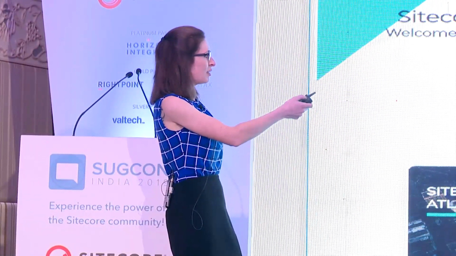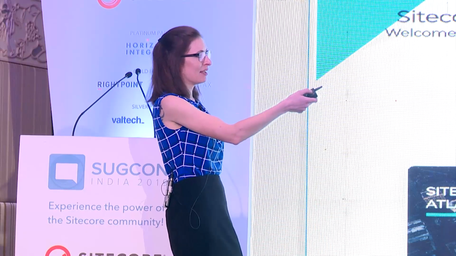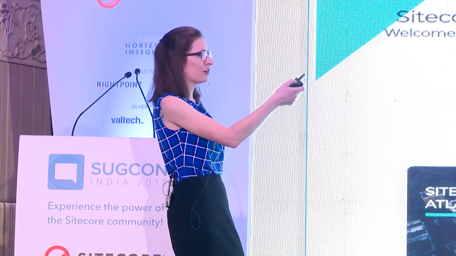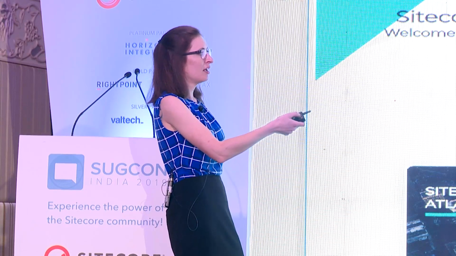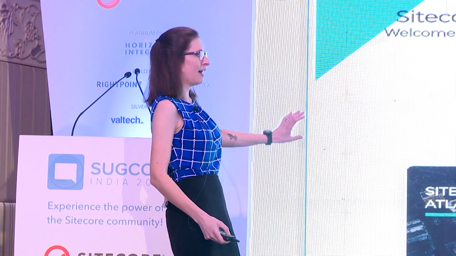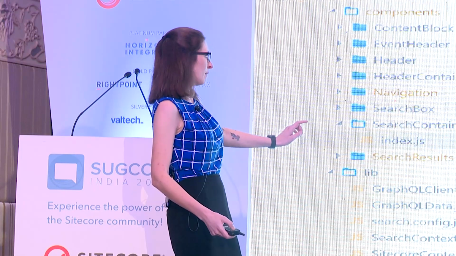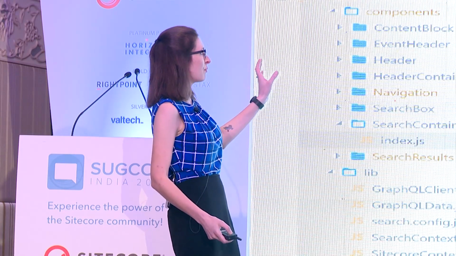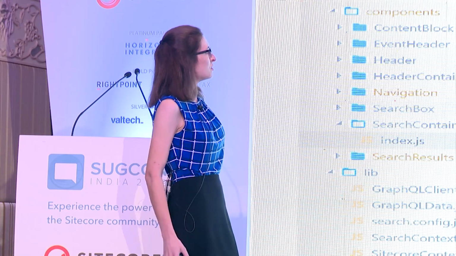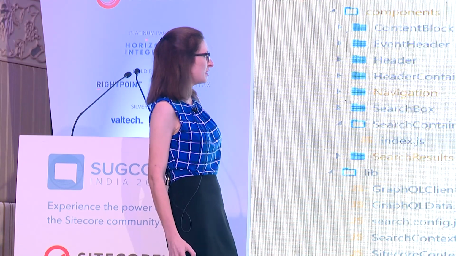And we can see on the provider, it's what's maintaining the current query and the search results. All the components that need to work based on that will consume that provider.